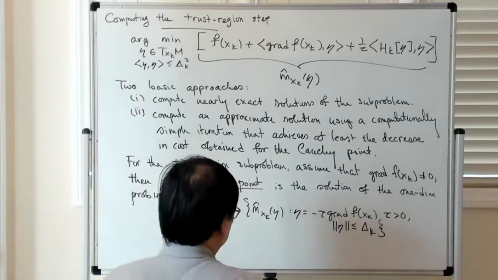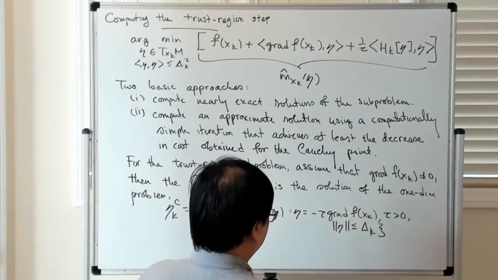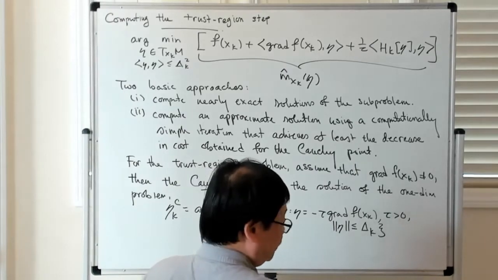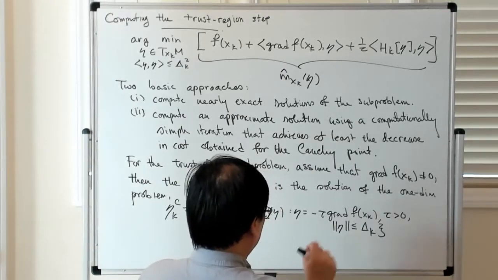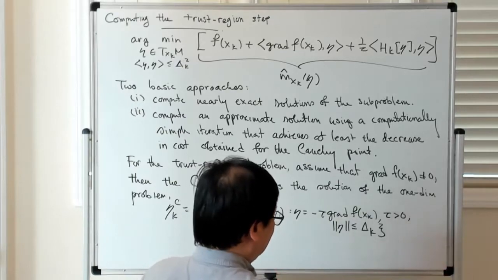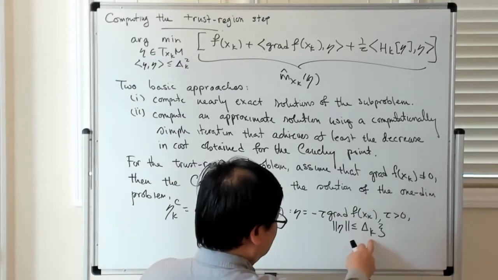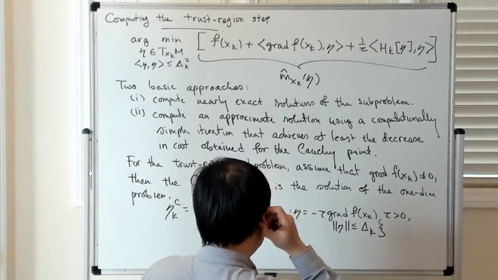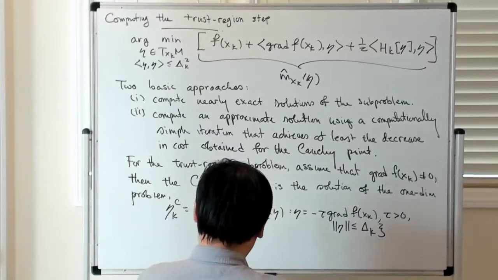So this is essentially just a line search method. You're searching in the negative gradient direction for points along this line, up to a distance of less than or equal to delta k, so you stay within the trust region.